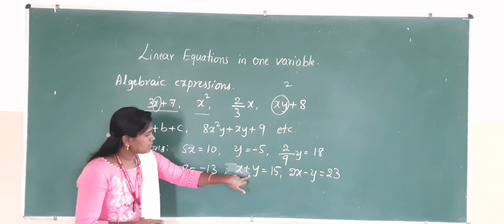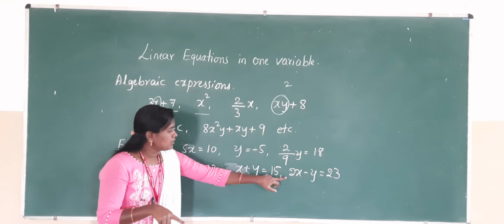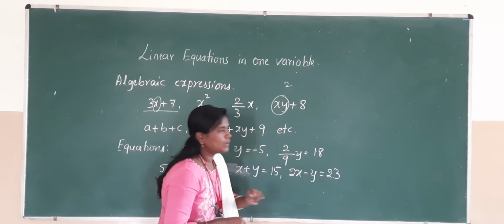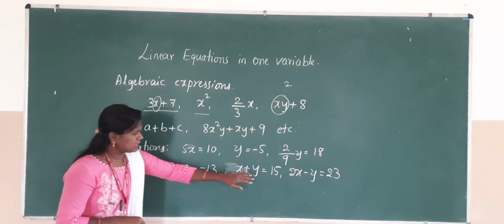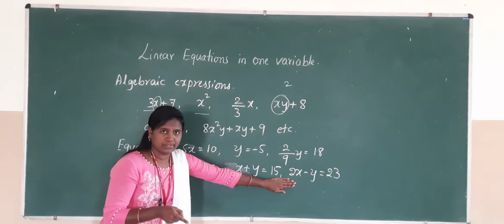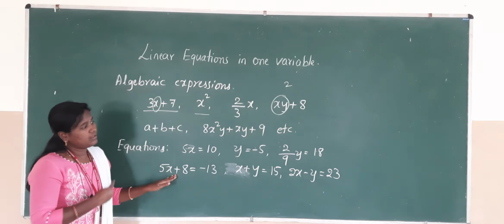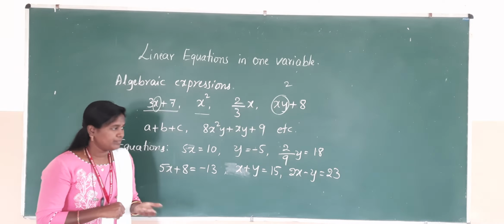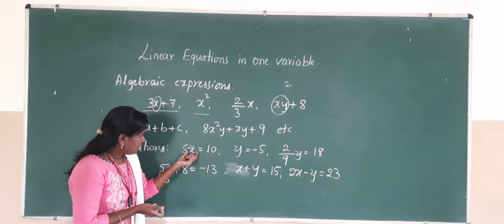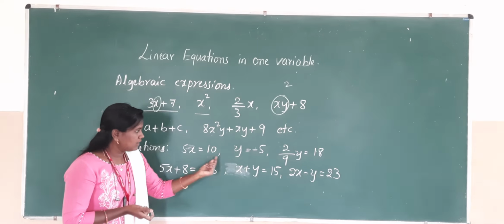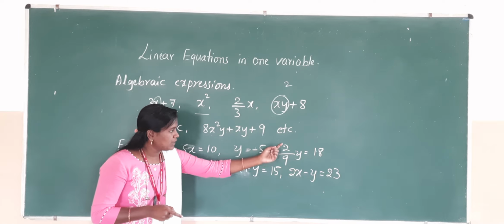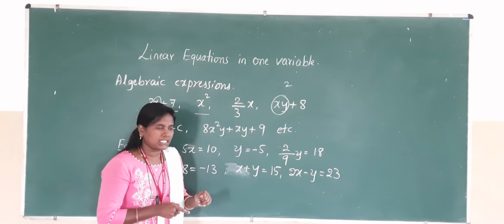What is the difference between the last two equations and the other four equations? It is 5x is equal to 10, y is equal to minus 5, 2 by 9 y is equal to 18.